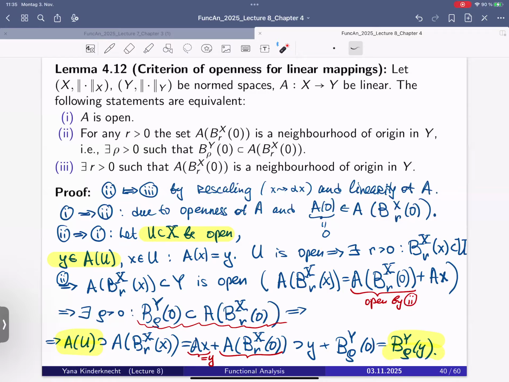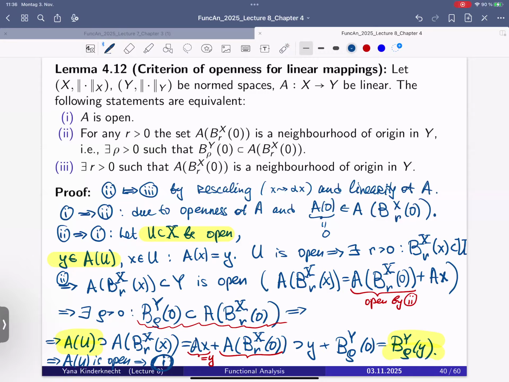For any open U, its image is an open set, because for any point inside this image, there is even a neighborhood of this point which is inside this set. Hence A of U is open, and hence A is open. That is, 1 is satisfied.